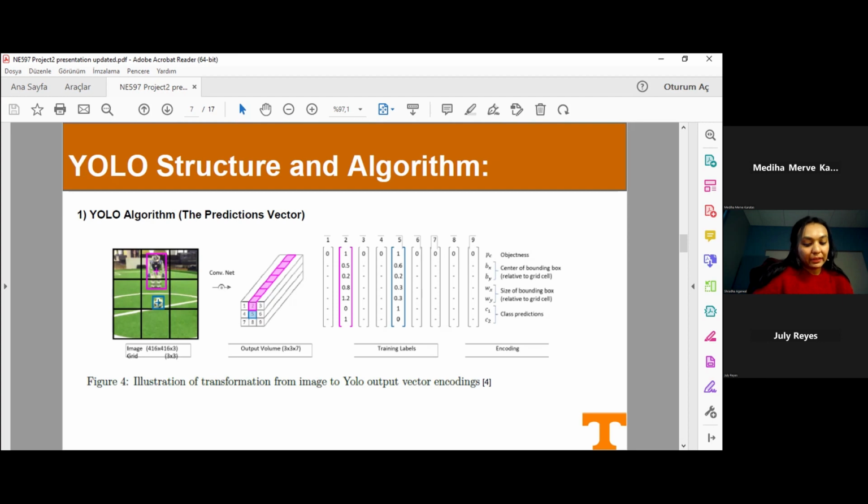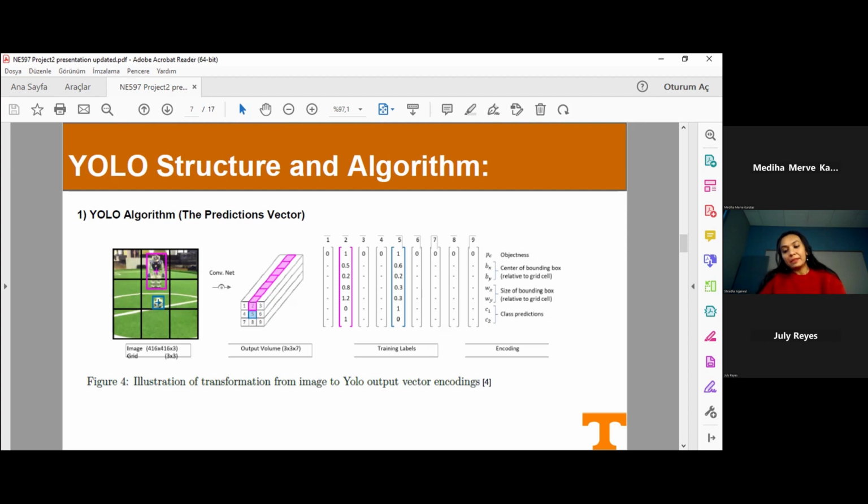Then it also looks at conditional probabilities, which tell which object it is from the classes that you defined: is it a football, or a player, or some kind of pedestrian, for example. I found some articles related to this, for example in traffic, pedestrians or cars.